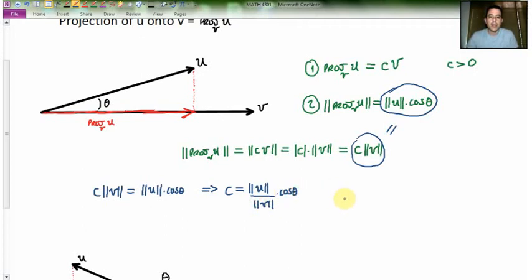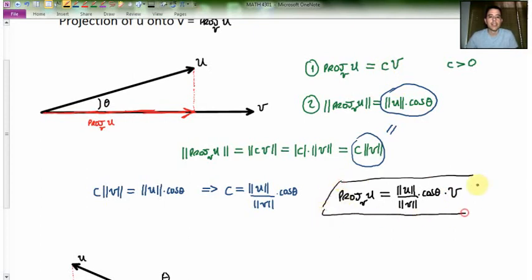So the conclusion from this first case is that the projection of u onto v is the length of u divided by the length of v times cosine theta. This is the constant, the multiple c, and then times v. We found that in this first case.